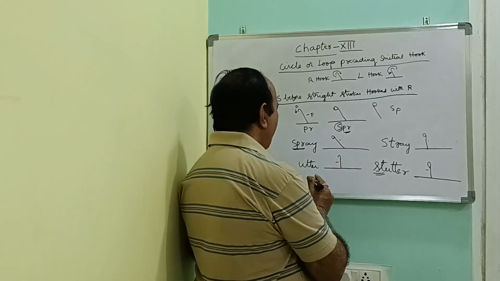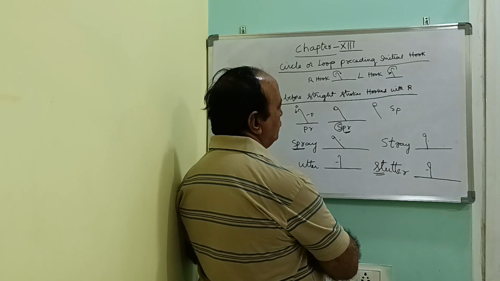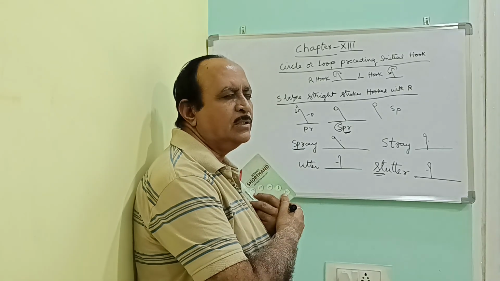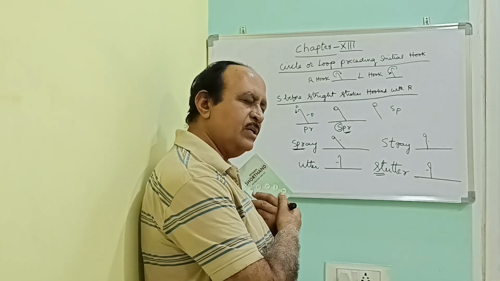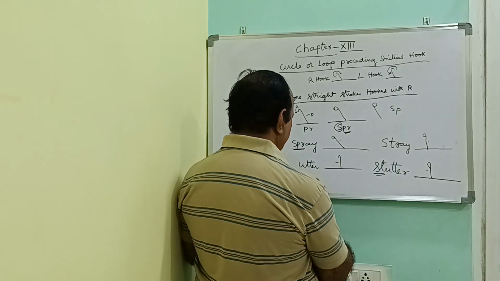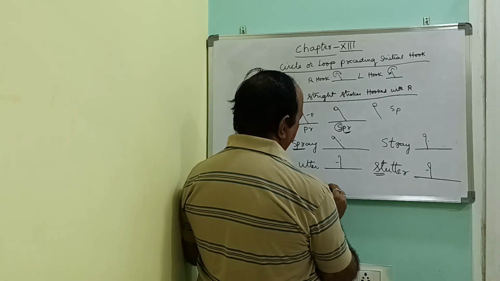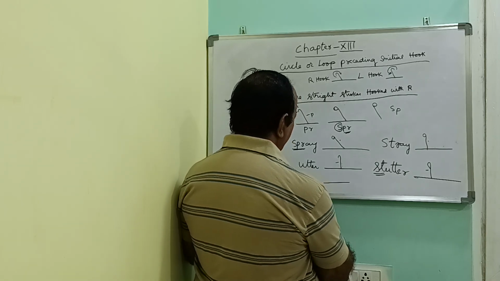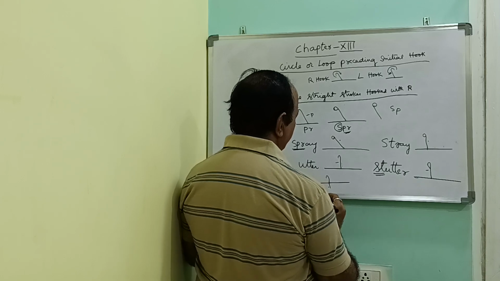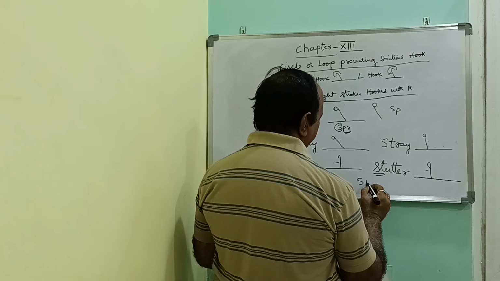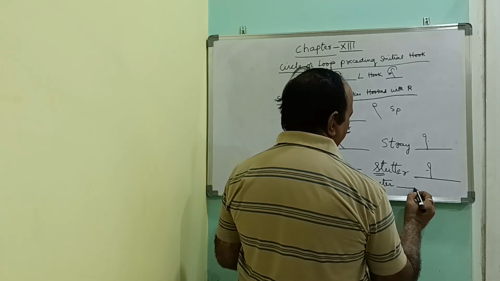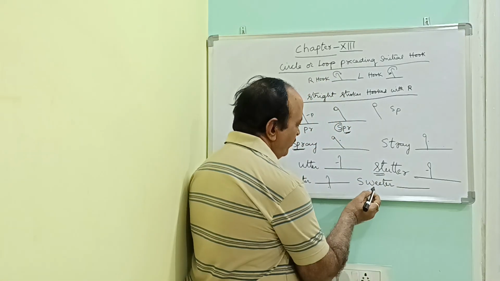In the same way, we can add the sound of SW also to straight strokes hooked with R. For example, eater, right? Eater, how do you write it? Since it is a third place vowel, you write the tar like this, then put the vowel here. Suppose sweeter, how will you write it? See, the sound of SW.